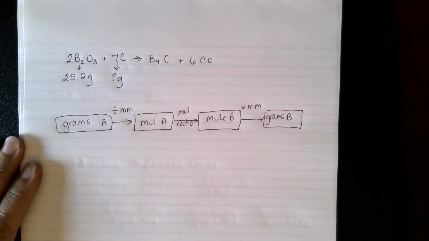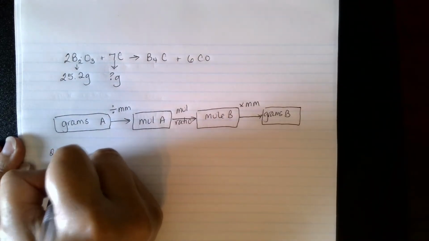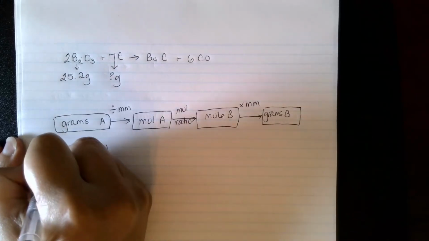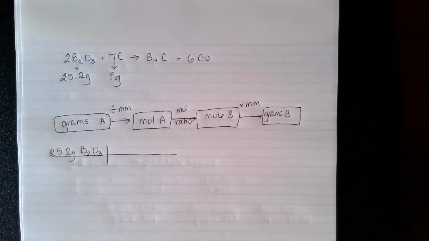So I'm going to first take my 25.2 grams of B2O3, and I'm going to need to find my molar mass. I'm going to take 2 B's and 3 O's and add up that mass.